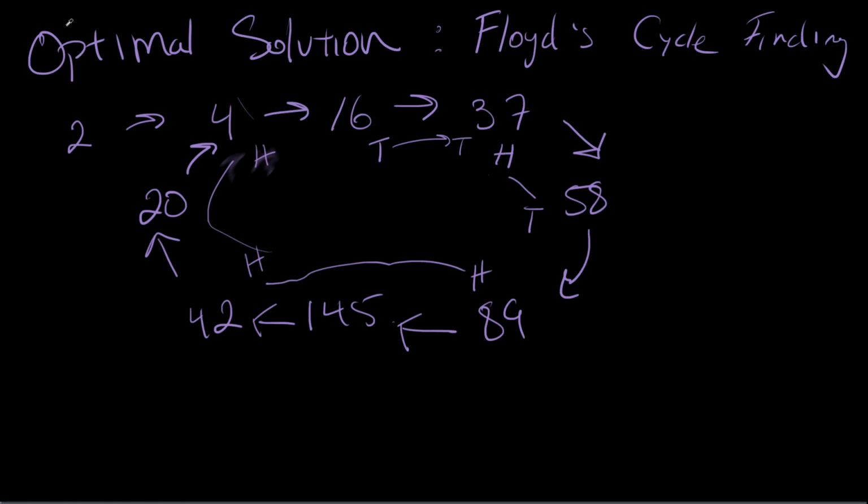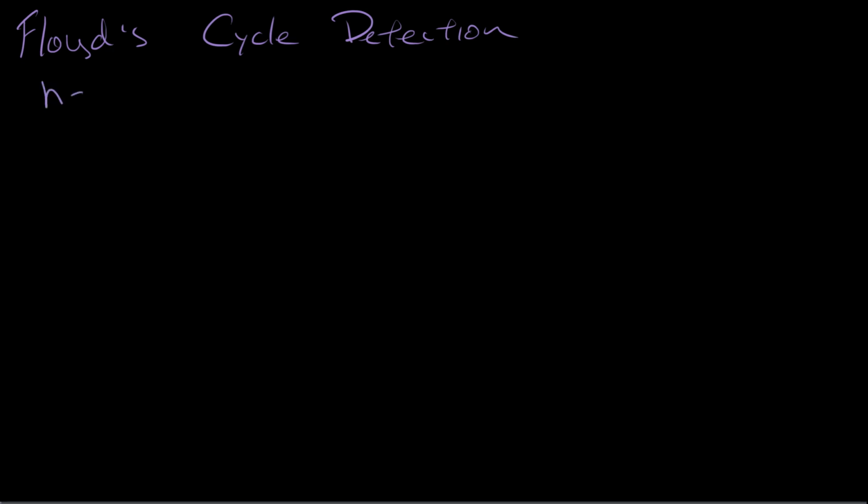So let's look at how to actually code this. We will have, instead of just having n, our hare pointer, which begins at n, and our tortoise, which also begins at n.